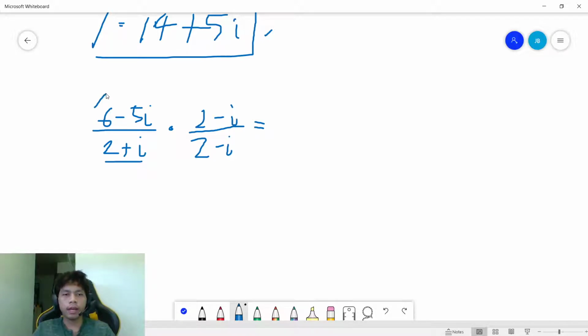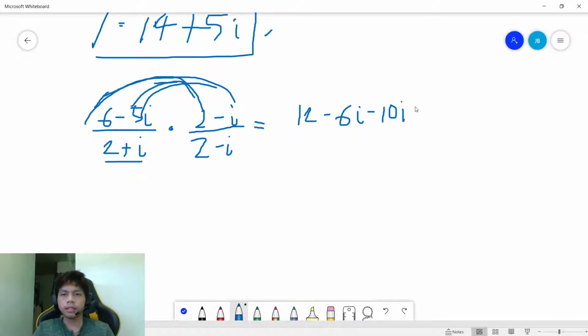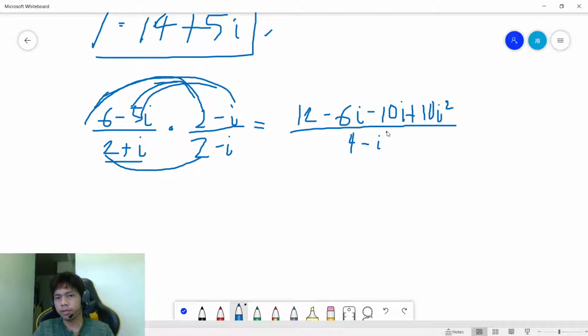So therefore, you have this one as 12 minus 6i, this is minus 10i, then this is plus 10i squared. All over, this one is again difference of 2 squares, so that's 4 minus i squared. So once again, i squared is equal to negative 1, so this would now be 4 plus 1. That is equal to 5, right?